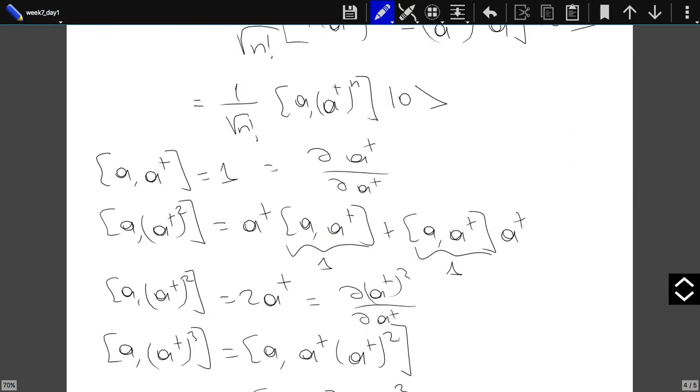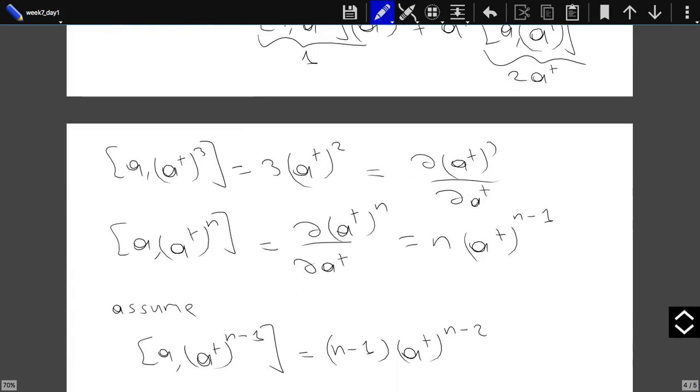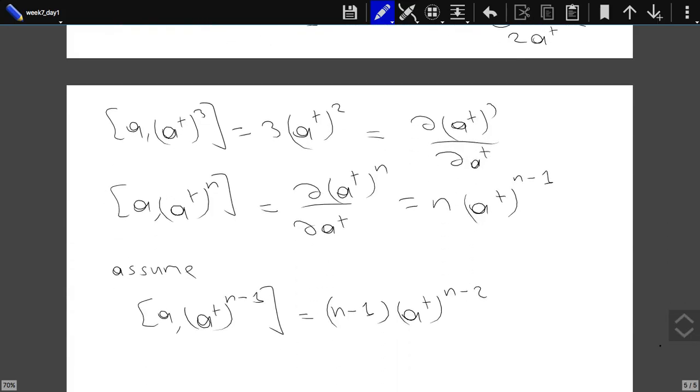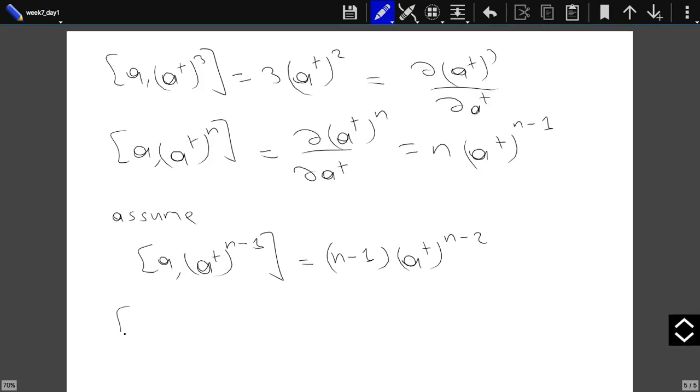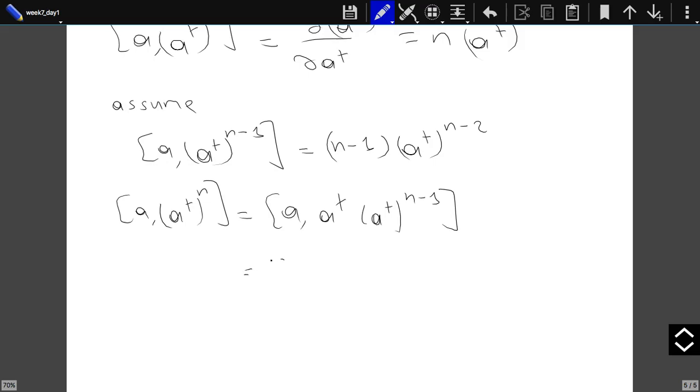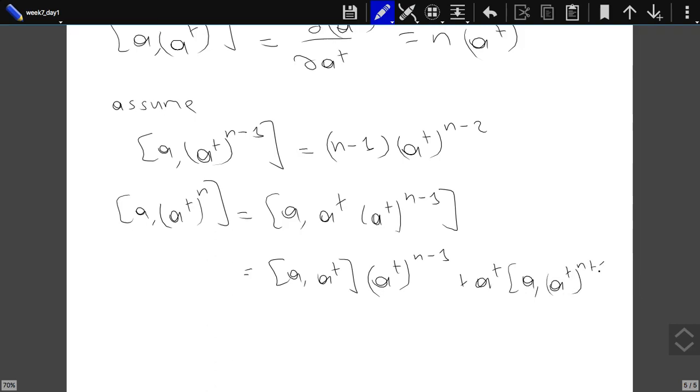So what I had done is, for n is equal to 1, my claim is definitely true because a commutator with 1 is 0. For n is equal to 2, it's also definitely true. Now let's prove it for a dagger to the power n. Well, this is a dagger times a dagger to the power n minus 1. This is a dagger times the commutator with a dagger to the power n minus 1, plus the commutator of A and a dagger times a dagger to the power n minus 1.